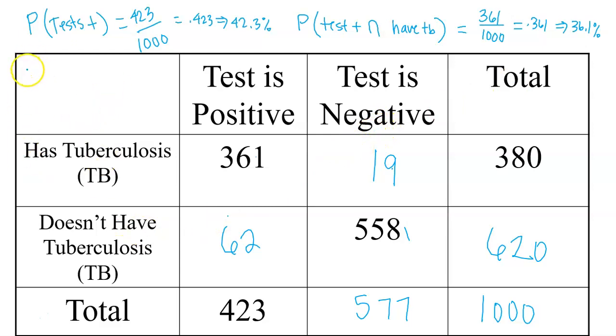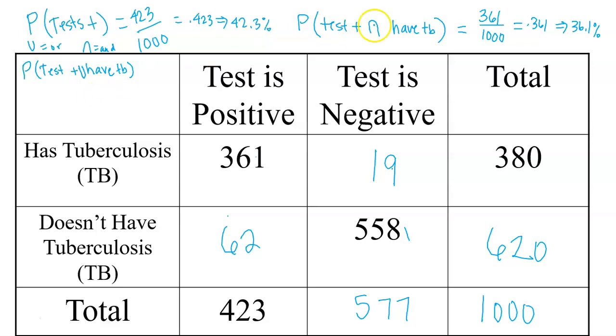So the one that we haven't talked about yet is our union or our "or," right? Remember, union and "or" are the same, just like intersection and "and" are the same. So if I see the probability of test positive and has tuberculosis, and I do the union here, that means if I were to draw a person out, they would either test positive or they would have tuberculosis.